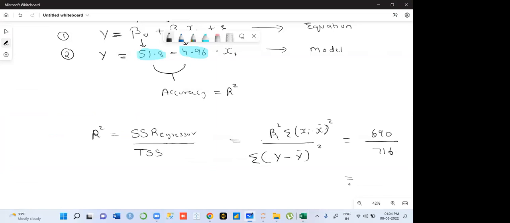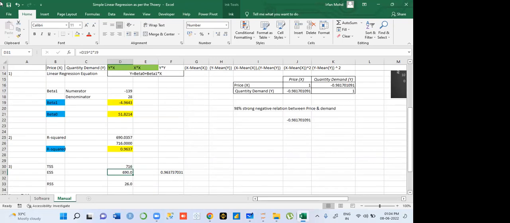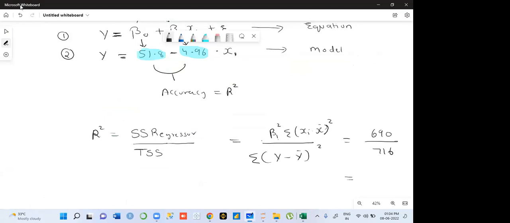Divide this, and you'll get the R square value. 690 divided by 716 is 0.96.